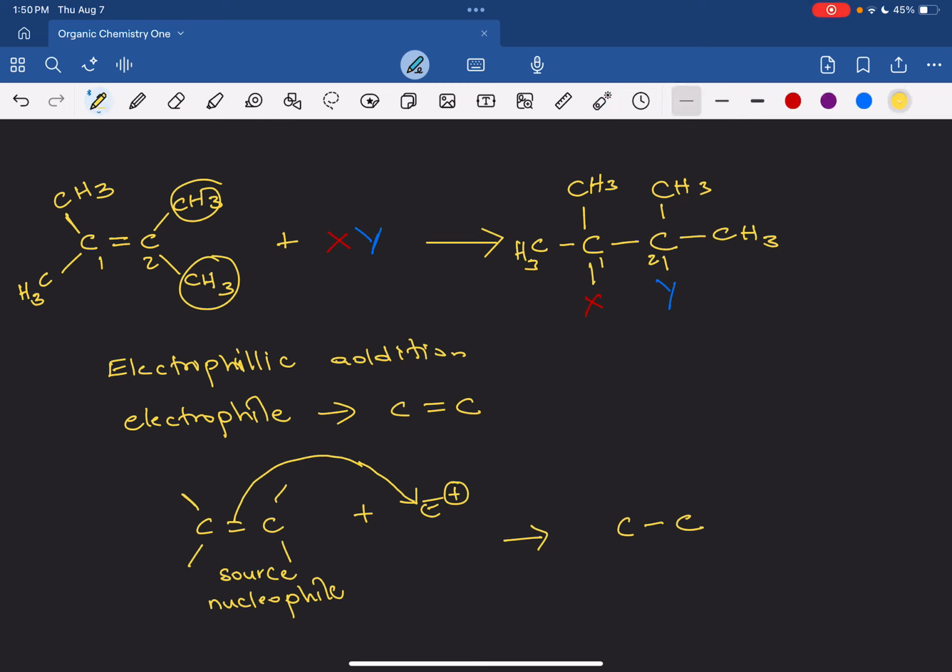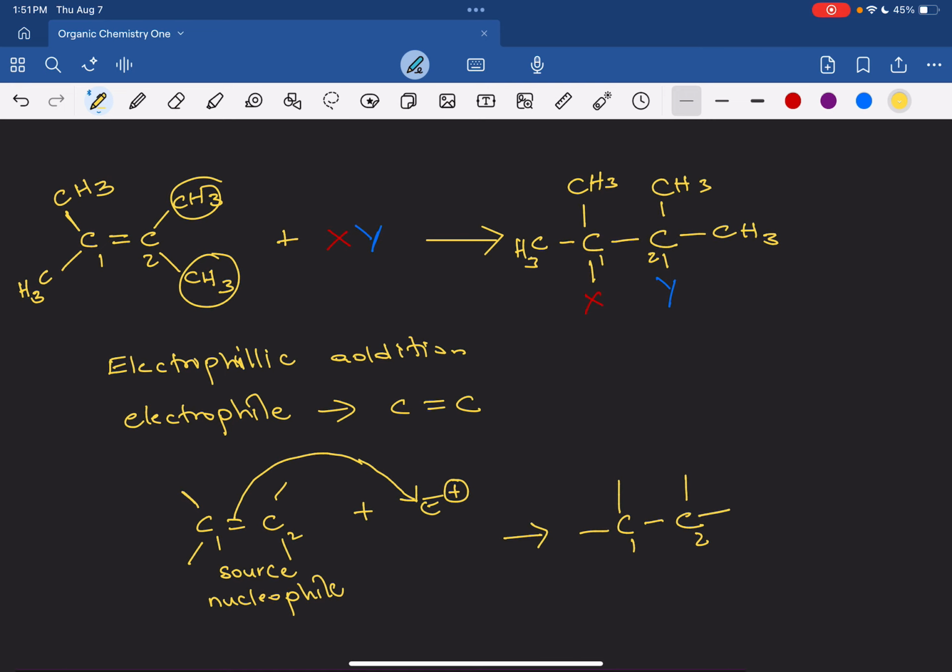So let's do some things. I'm going to call this one carbon one, and this carbon two. Let's put back my skeleton bonds here, right? Carbon two also has some skeleton bonds. Pay attention. This is very important for these reactions. My electrophile will add to either carbon one or carbon two. Of course, it depends on the reaction. You'll learn that in a second.